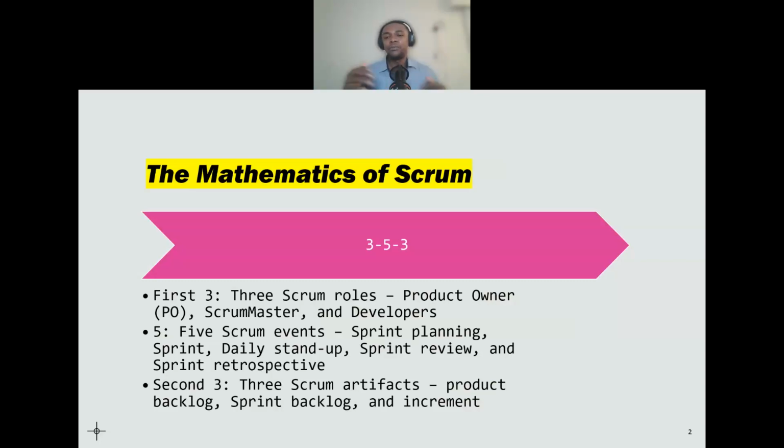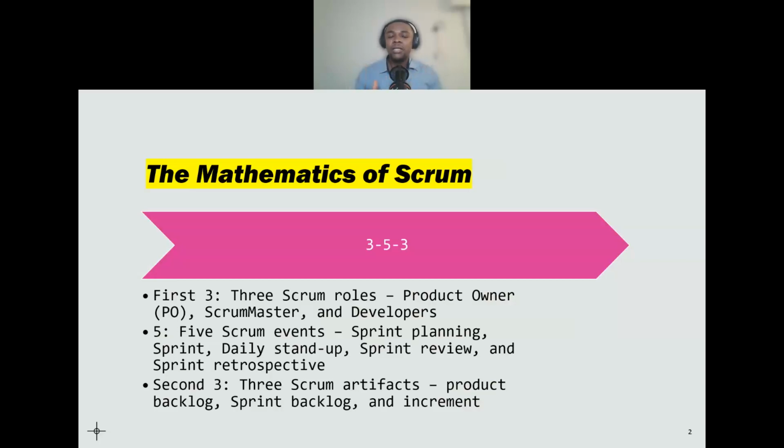It could happen in the afternoon, in the morning, in midday, whenever there is an opportunity for everybody to converge together to have that meeting. It's 15 minutes, and the Scrum Master facilitates that meeting.